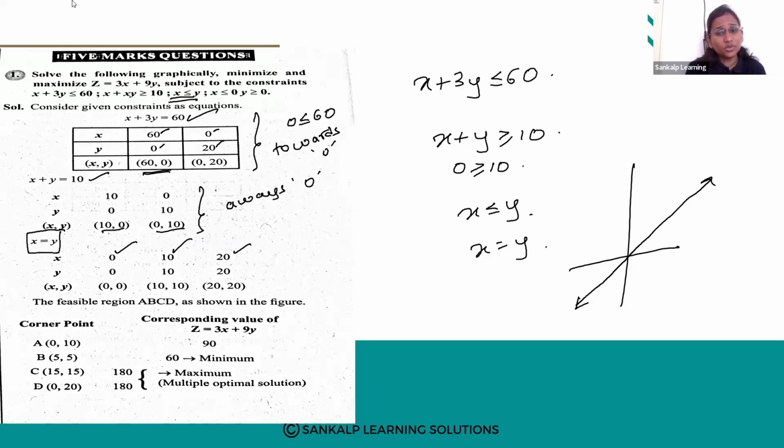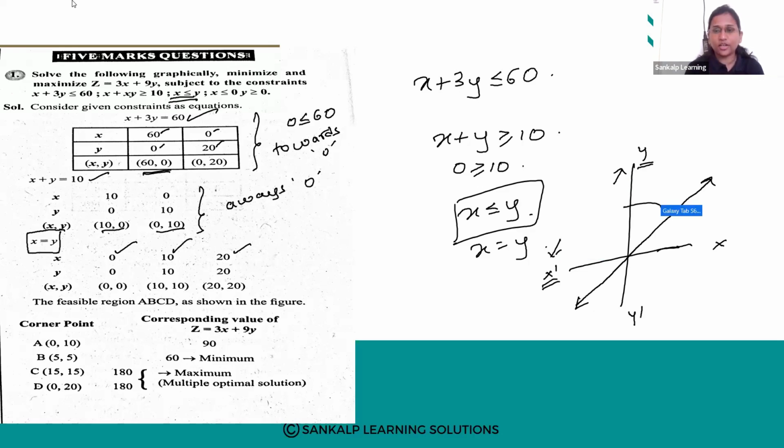So how to find the solution? What is the inequality? If this is x dash, and this is y dash. What have they said? x is less than y. Now where does x less than y lie? Here, x is negative and y is positive. That means x is less than y on which part of the line?